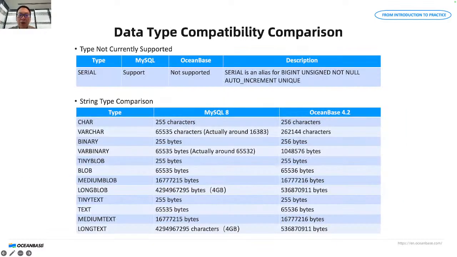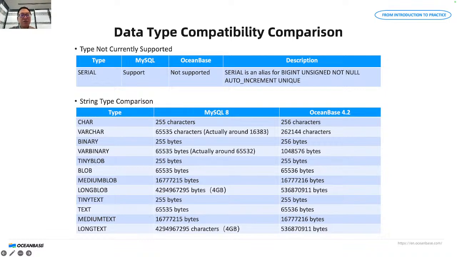First of all, regarding data types, OceanBase Community Edition is basically compatible with all MySQL data types, except for the serial type, which is not yet complete. But serial is rarely used, so we can use the data types normally, even if they don't use the serial type.